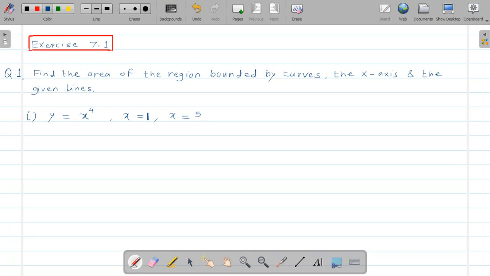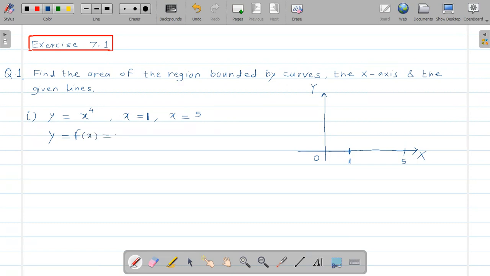If you draw a rough diagram to understand this, suppose I draw the x axis and y axis like this. Here it is 1 and here it is 5, meaning x is equal to 1 and x is equal to 5, and y is equal to x raised to 4, that is, y is equal to f of x.